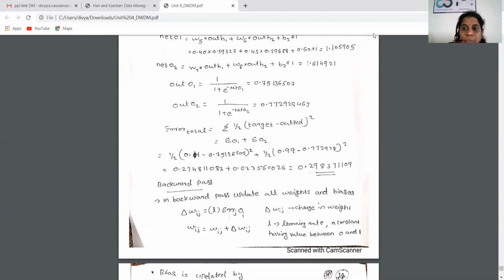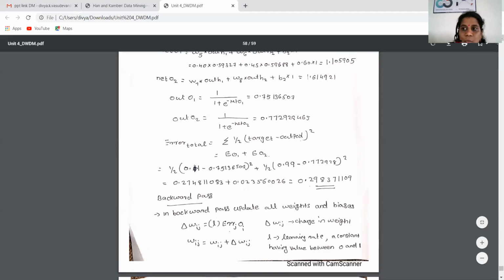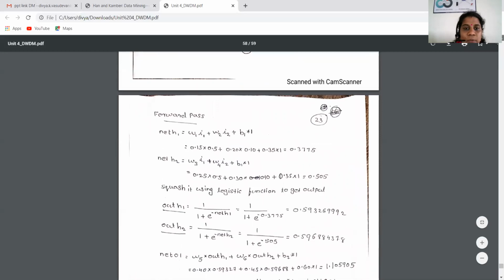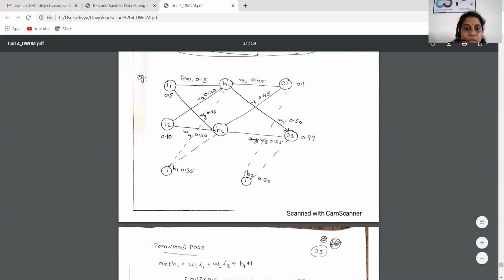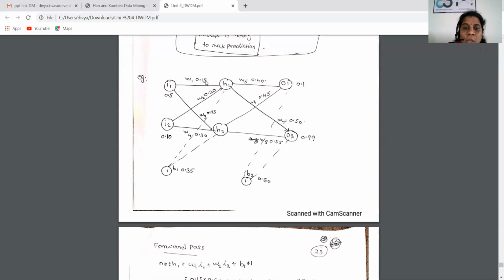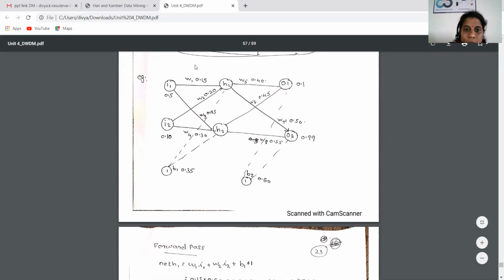For example, if I take the first one, this is I1, and the weight assigned is W1. W1 is 0.15, the initial weight. Now I am going to calculate delta of W1, which means a small change in W1.